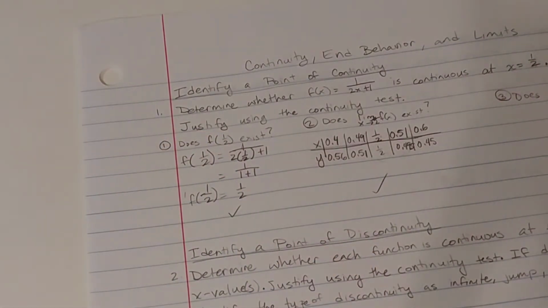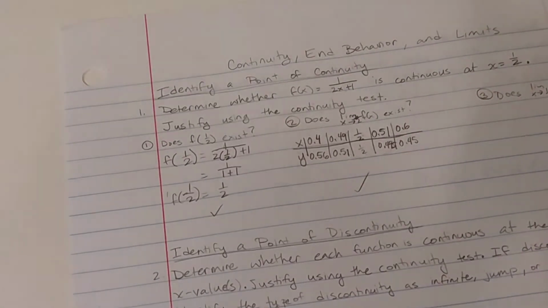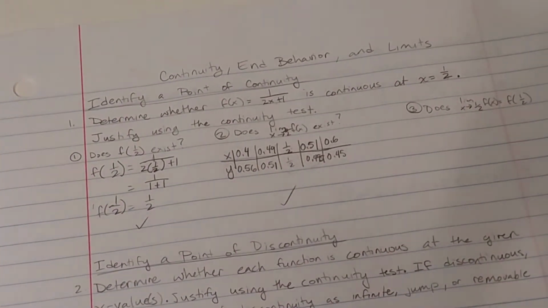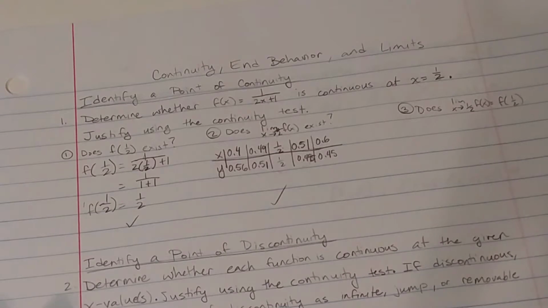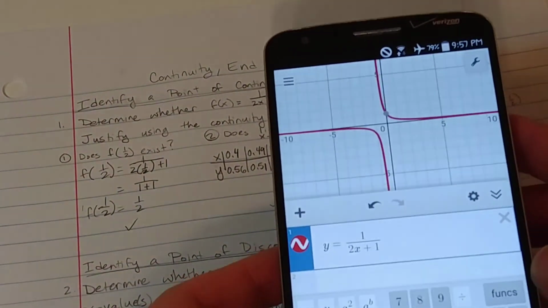And the last one, does the limit of f of x as x approaches 1/2 equal f of 1/2? This is the last test, and for this one you do want to graph it, so I recommend desmos.com. I put it in already to save some time.